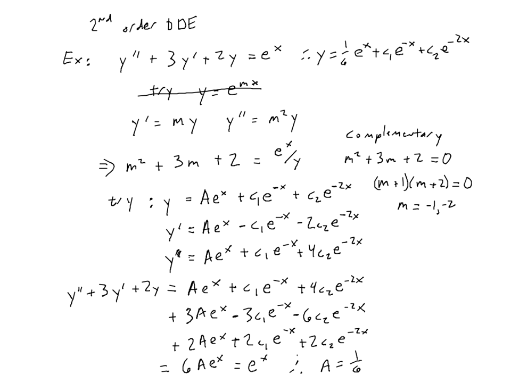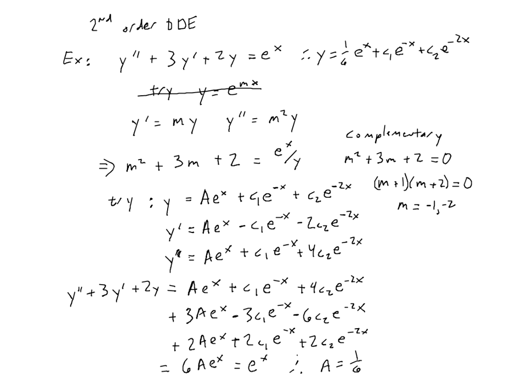Now you notice you can't determine C1 and C2 exactly here, because C1 and C2 could be anything. They're not necessarily 0, but they're also not necessarily another particular number. Does that make sense? So these two are indeterminate, and no matter what number you put in there, you're still going to get 0 on the right-hand side.